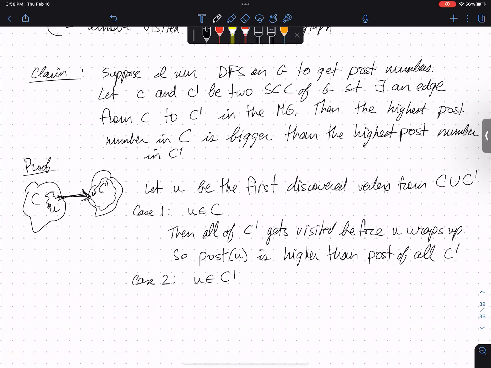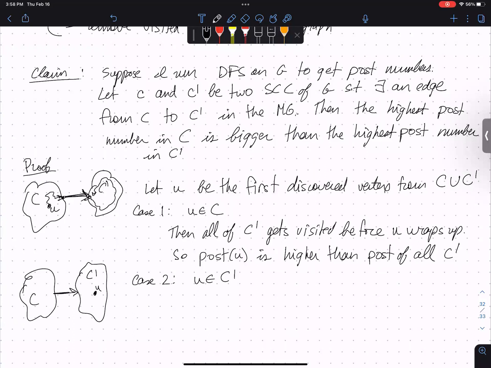U in C prime. In other words, the first vertex we discover is in C prime and not in C. Then it looks like this. There's an edge here, and U lies in here. Now, remember that the metagraph is a DAG. There's no cycles.